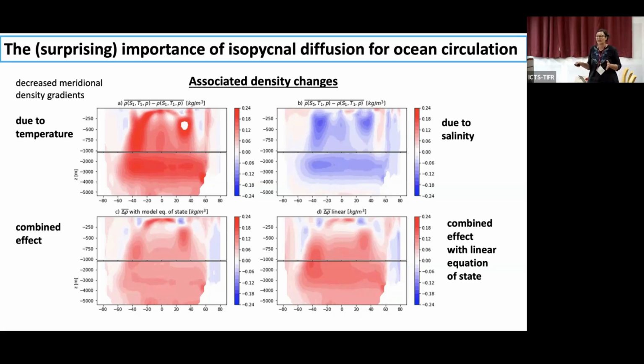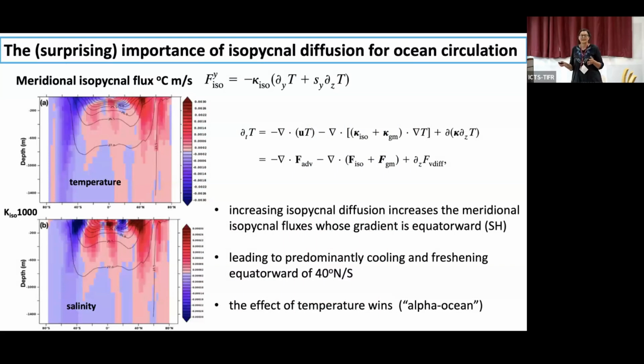The combined effect, using the model's nonlinear equation of state, is that temperature wins, and the net effect is the densification here, which then leads to a decrease in these meridional density gradients. You can also diagnose the density difference with the linear equation of state, and you don't see that much difference. So you can look a little bit in more detail at the isopycnal fluxes.